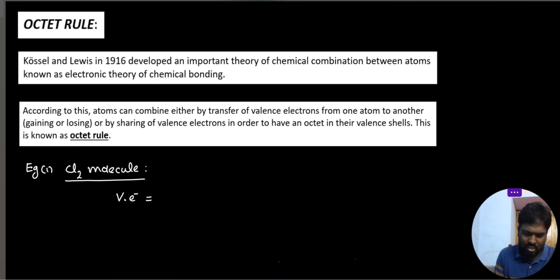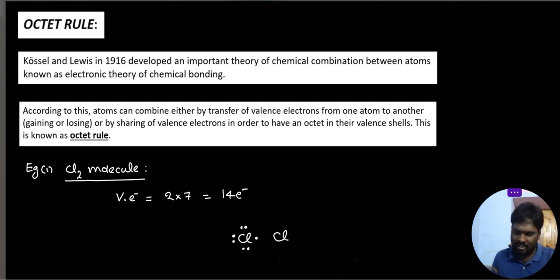So valence electrons equal 2 into 7, in total 14 valence electrons. Clear? Now one chlorine has 7 valence electrons, and another chlorine also has 7 valence electrons.